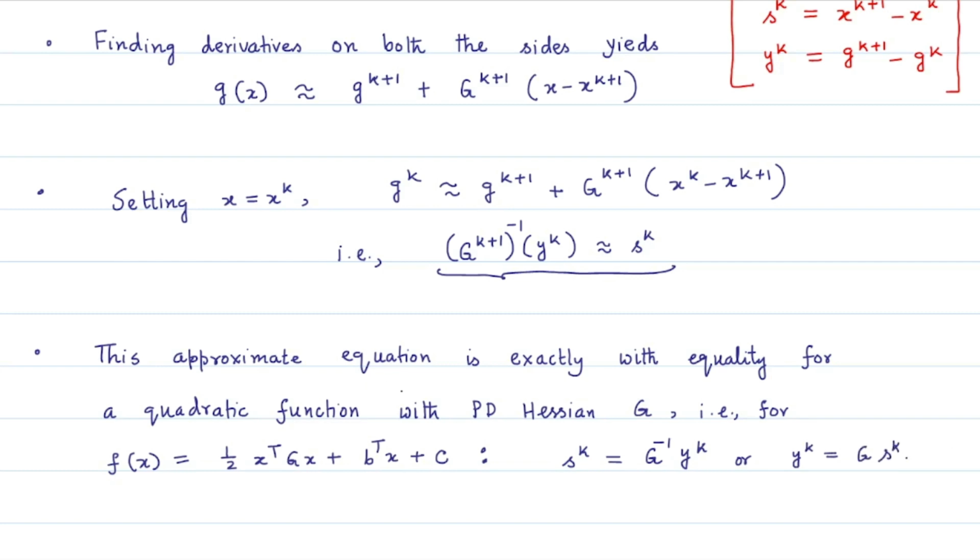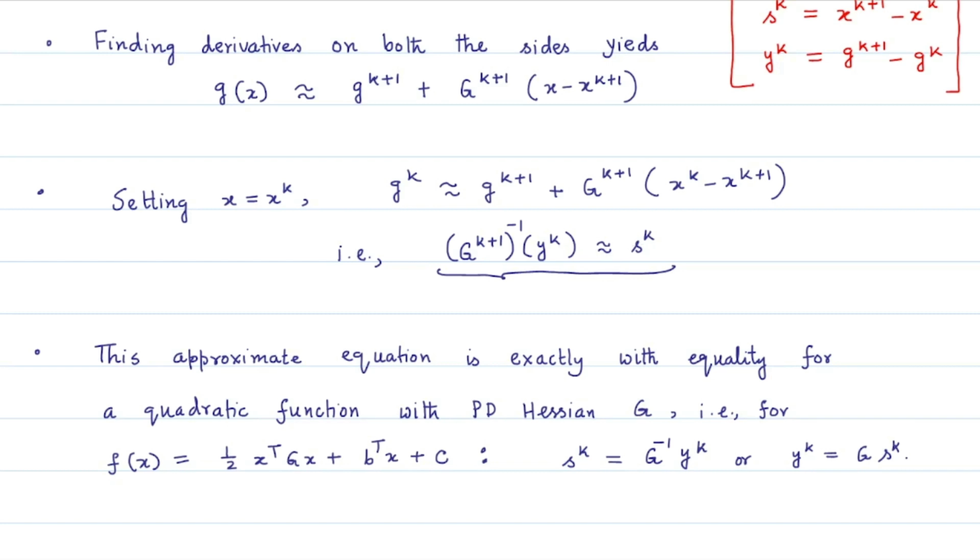Now we take this equation as an equation to be satisfied by the Hessian approximation or Hessian inverse approximation. And if we take the Hessian inverse approximation as Bk+1, then we notice that Bk+1, which is an approximation of the Hessian inverse, should satisfy Bk+1 times yk is equal to sk.